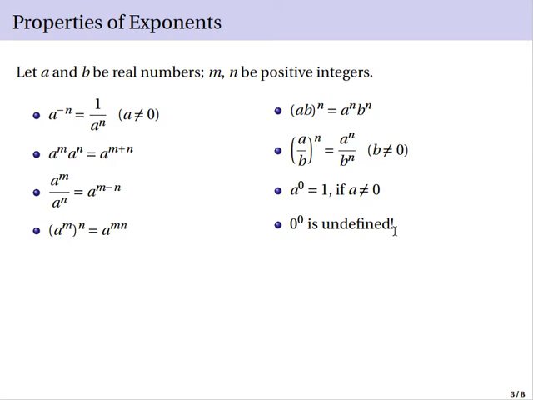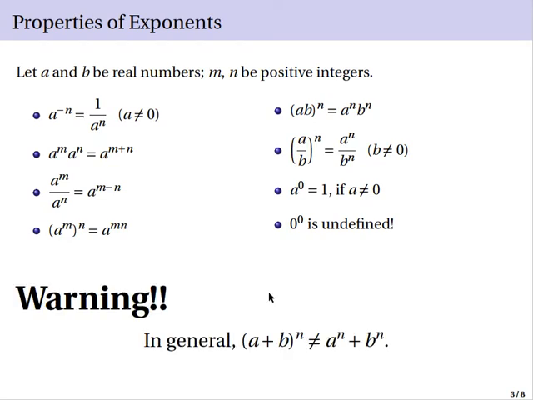Now, I just want to give a big warning here. Okay? So in this bullet here, we saw that we can distribute the exponent n over the product of numbers a, b. Okay? But here, you have (a plus b) to the power n.